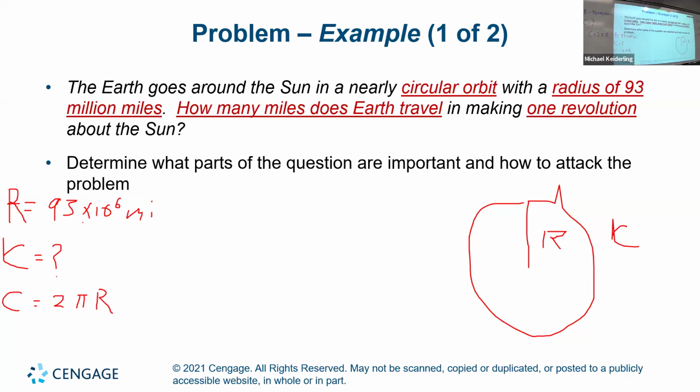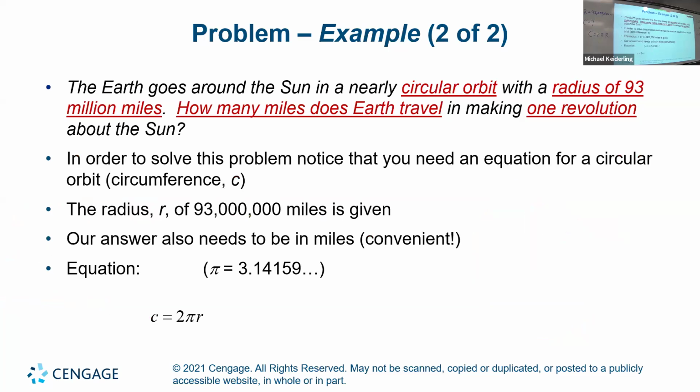And then we can attack the problem. We need an equation for a circular orbit, the circumference. We know the radius, that's 93 million miles, it's given. Our answer also needs to be in miles, so we don't have to do any unit conversion. That's nice. And so our equation is circumference is 2 pi times radius, where pi is 3.14159.